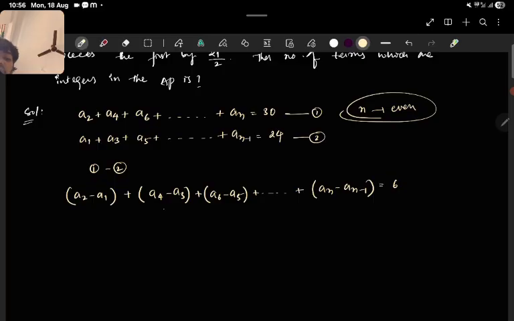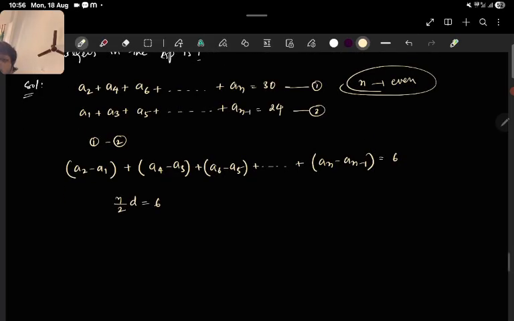Each of these is D. How many D's are there? Since n is an even number, there are n by 2 of them. So n by 2 times D is equal to 6.